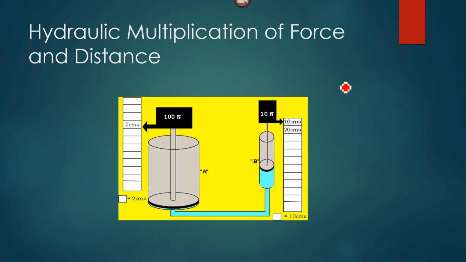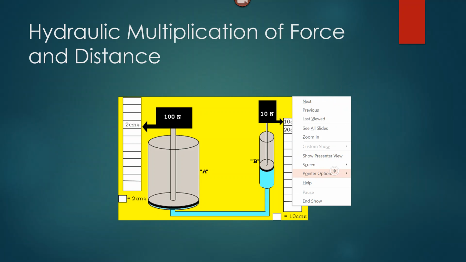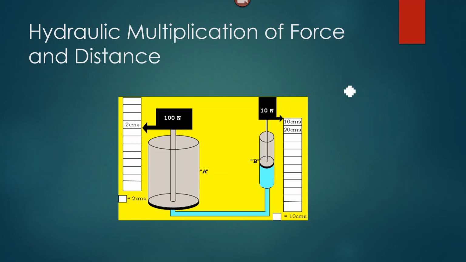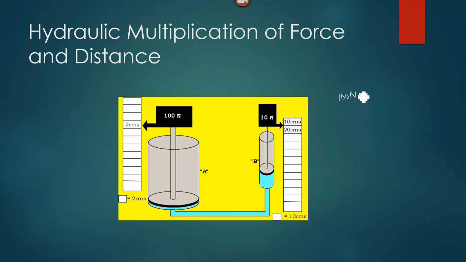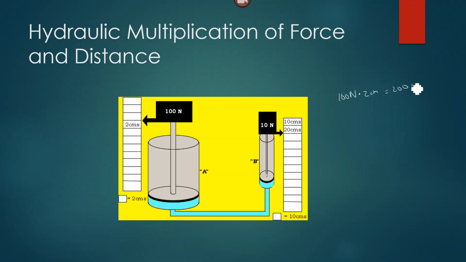So let's just look at this for a second. Let me fix this real quick. If we look at the work, we have 100 newtons times 2 centimeters, which is 200 newton centimeters.